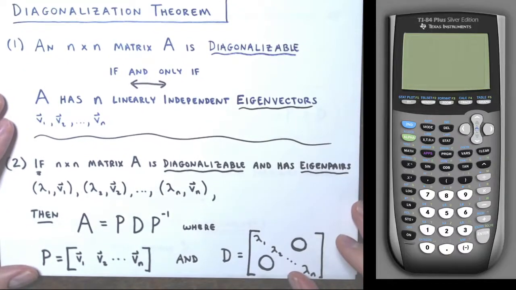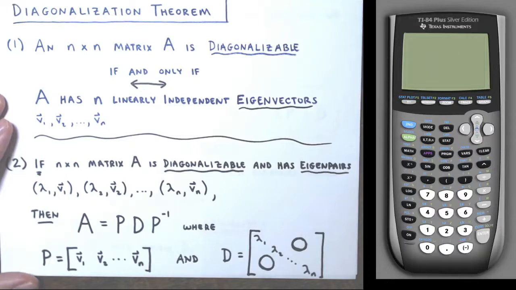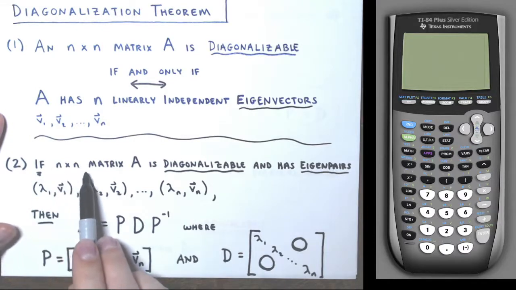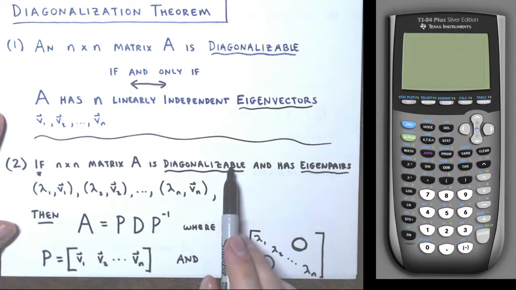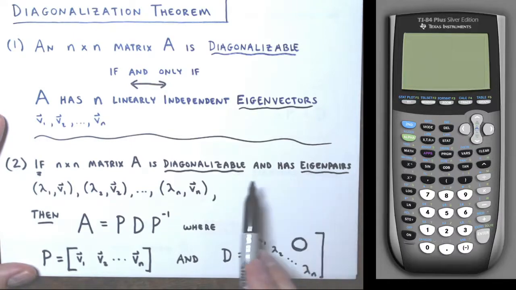And then here's how. This next part of the statement basically gives us how we find this matrix P that diagonalizes matrix A into a diagonal matrix D. So again, if n by n matrix A is diagonalizable, so if you've determined this, and we'll see how to do that with some examples coming up, and has eigenpairs.